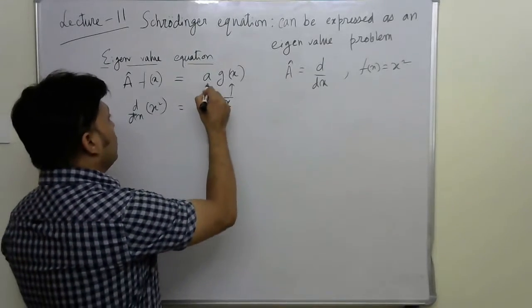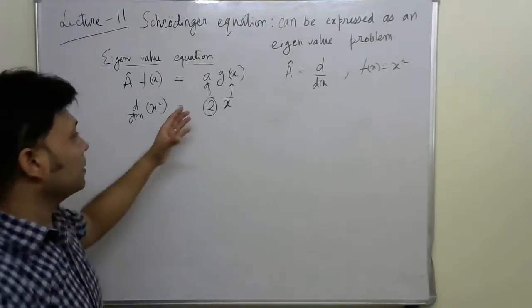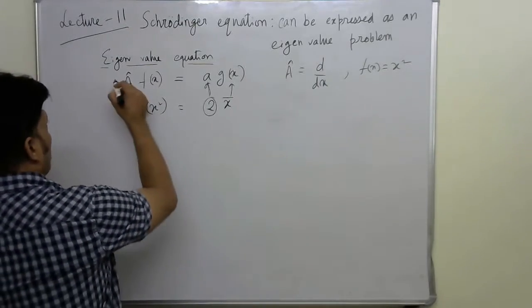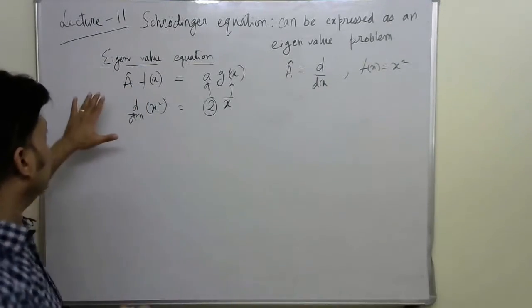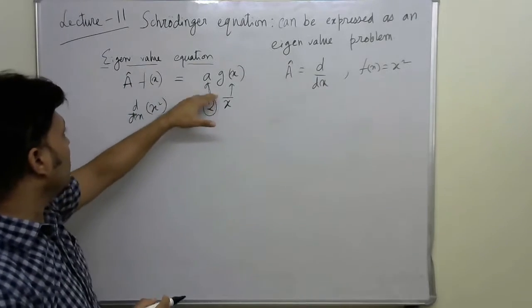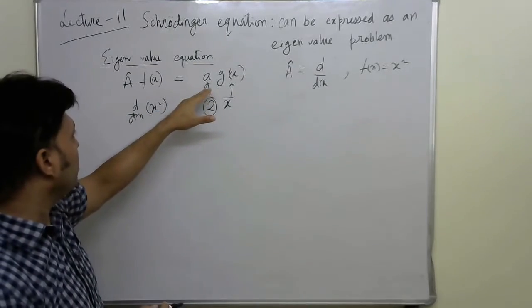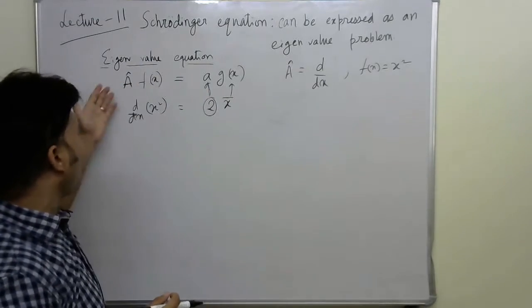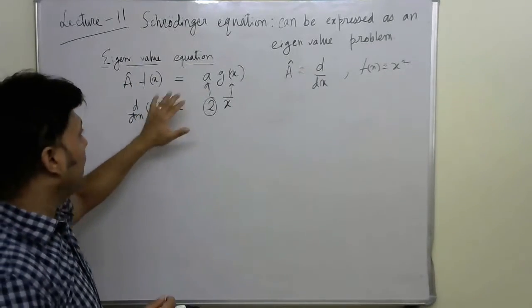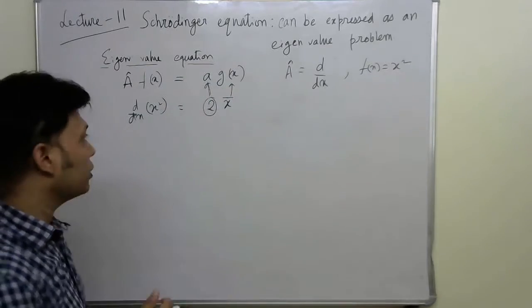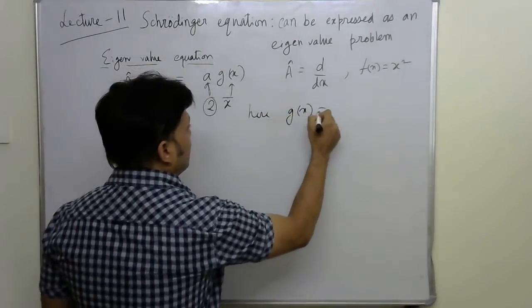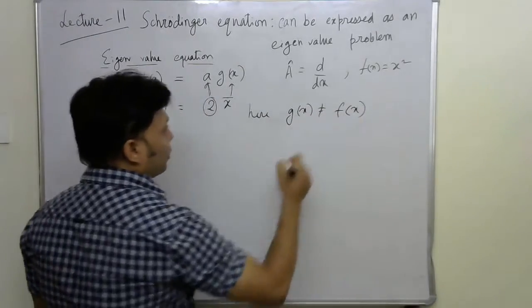So we can equate that with a constant value a. With that kind of operation, we get a constant value appearing after we operate on a certain function, and here we are getting a different function. So definitely g(x) is not equal to the original function.